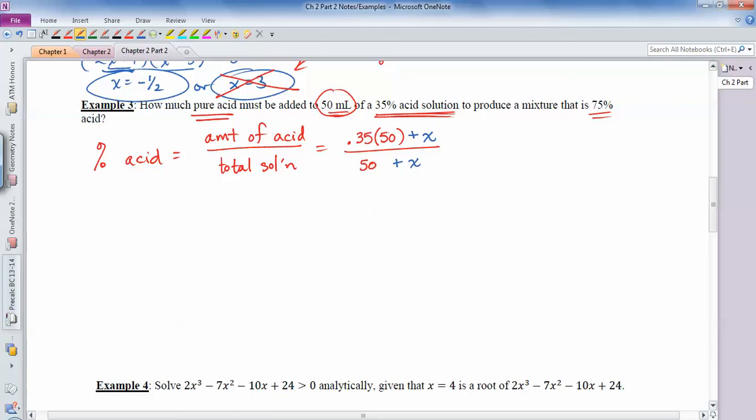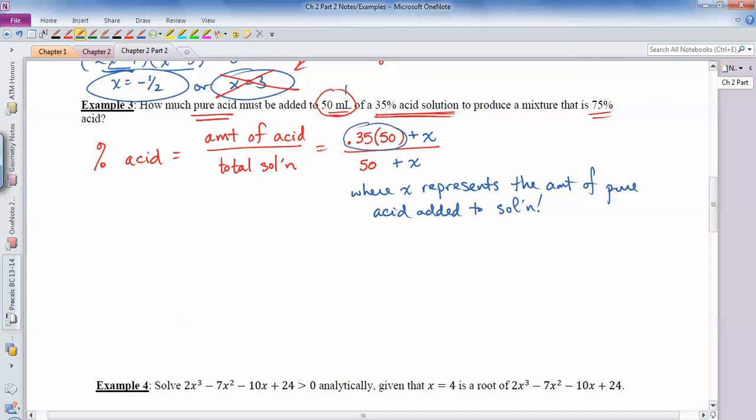So let me write this, where X represents the amount of pure acid added to the solution, right? Yes, so this right here is 17.5.